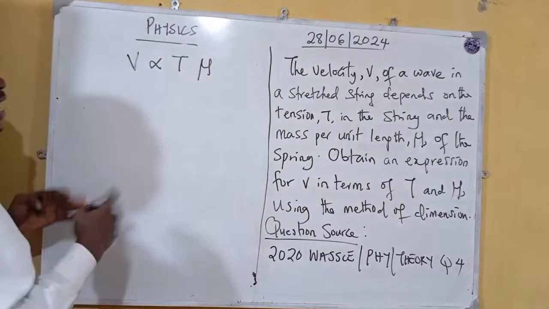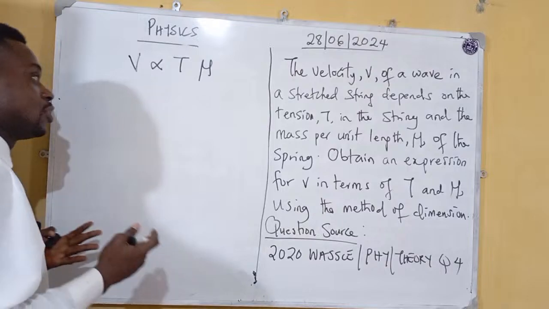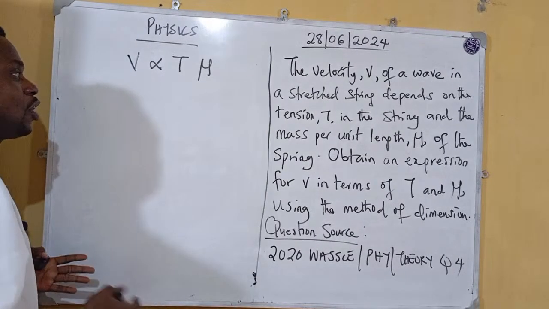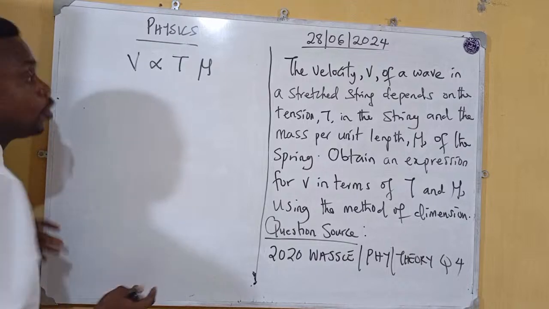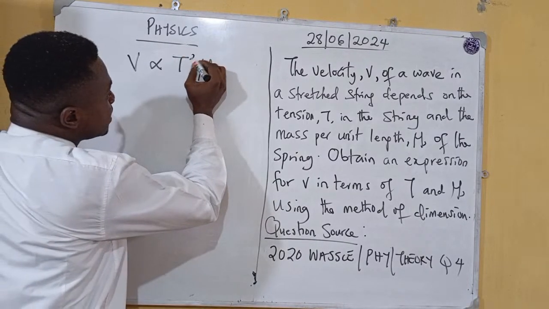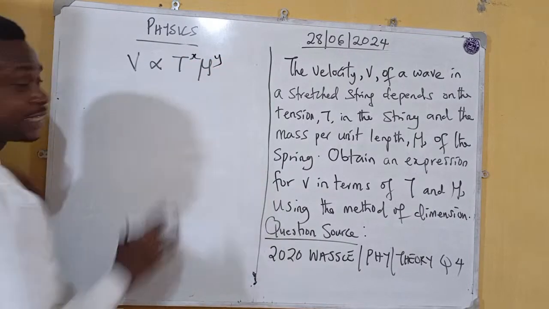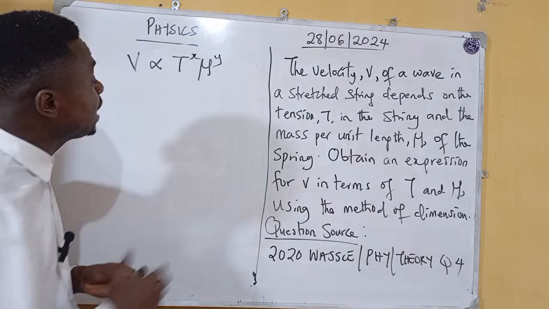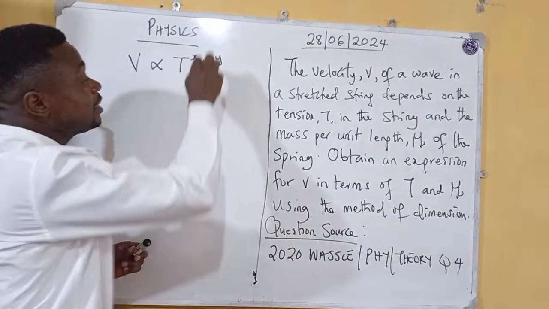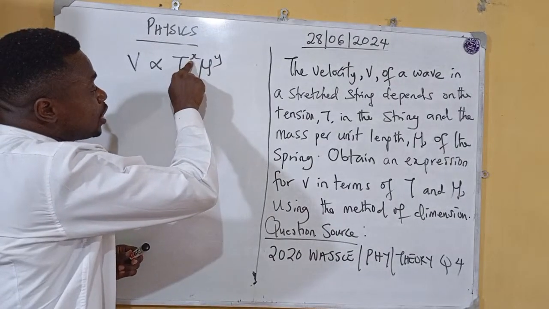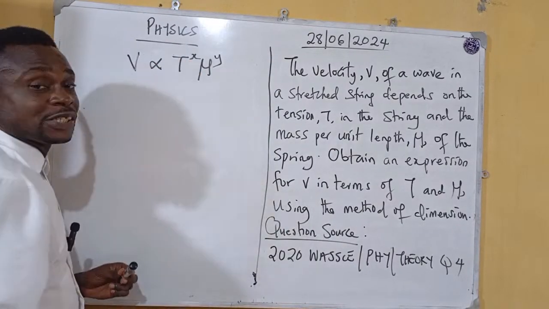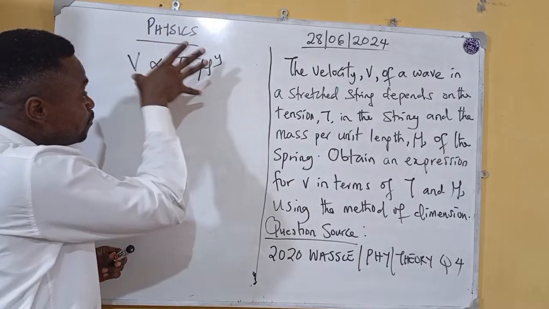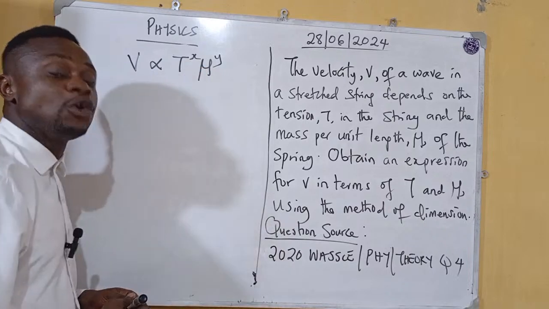We don't know whether it is inverse proportion, direct proportion, direct variation or inverse variation. We just raise this to power x and raise this to power y. Our target is to find this x and y. And having gotten the value of x and y, we can put it back into this expression to see exactly the picture of what this will look like.